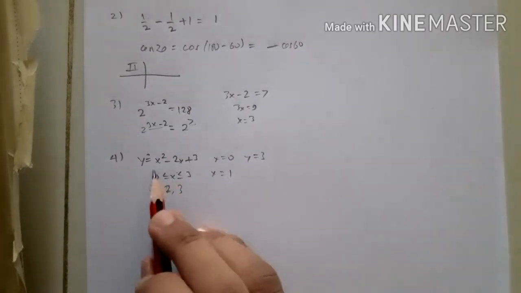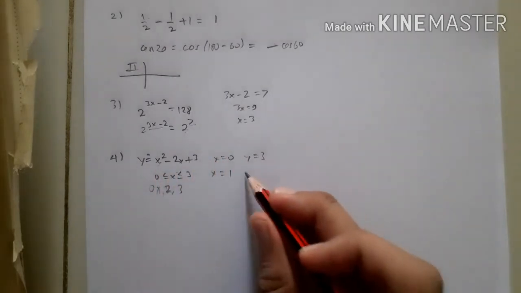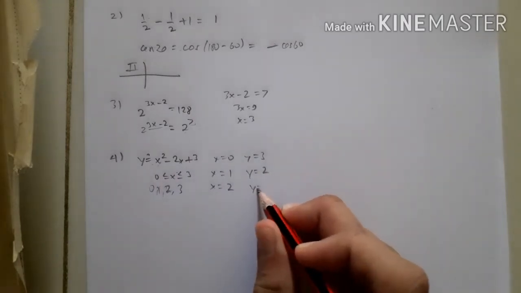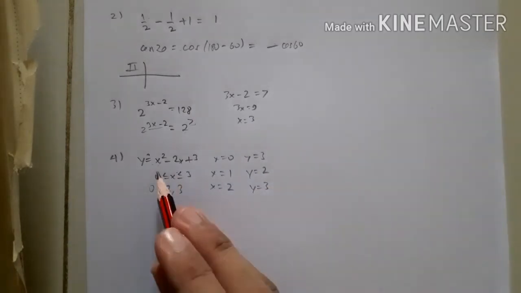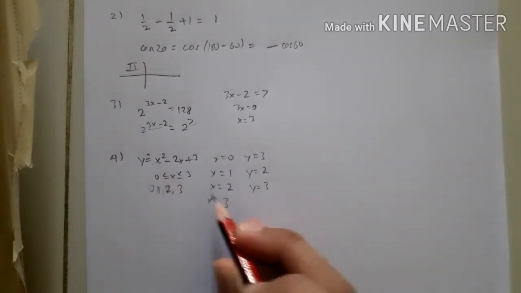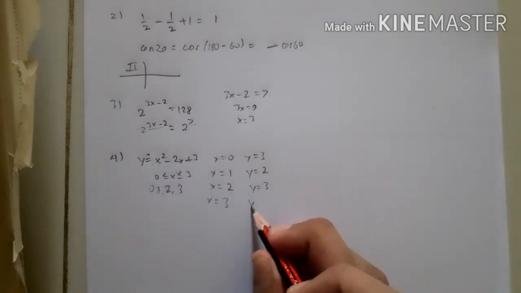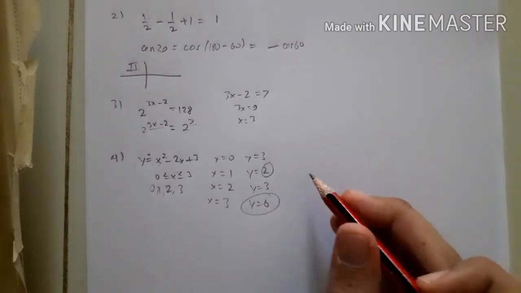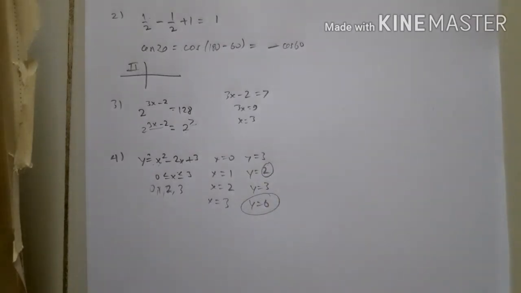For x equals 1, that is 1 minus 2 plus 3, which is 2. For x equals 2, it is 4 minus 4 plus 3, which is 3. When x equals 3, this is 9 minus 6 plus 3, which is 6. Now you can see this is the maximum and this is the minimum. So the maximum is 6 and the minimum is 2.